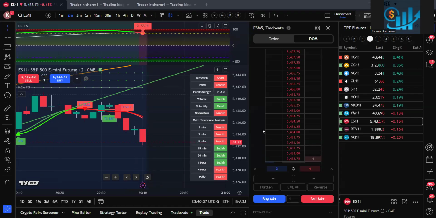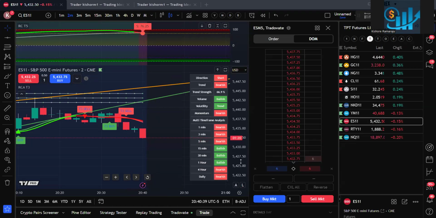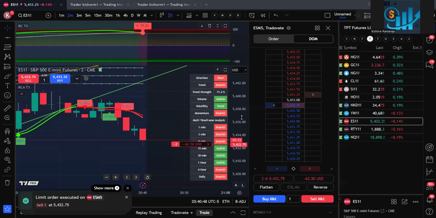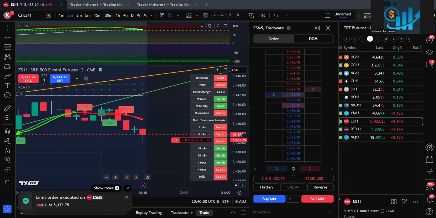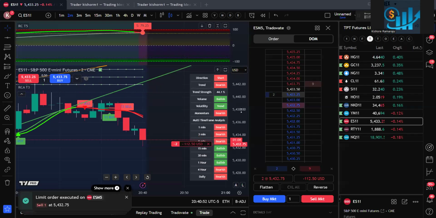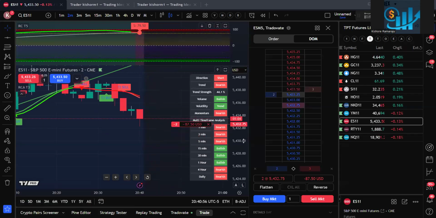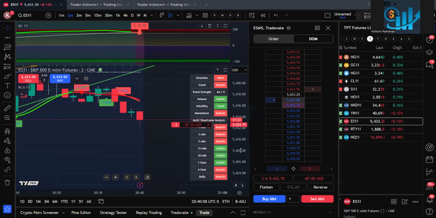We got a sell here also. If it comes here, we can add one more position.